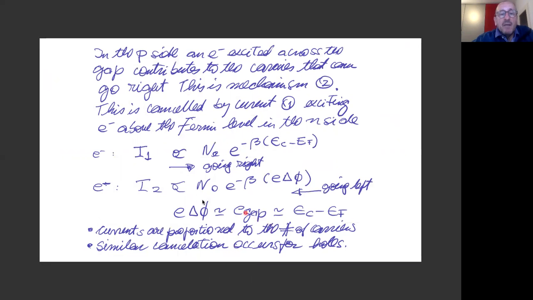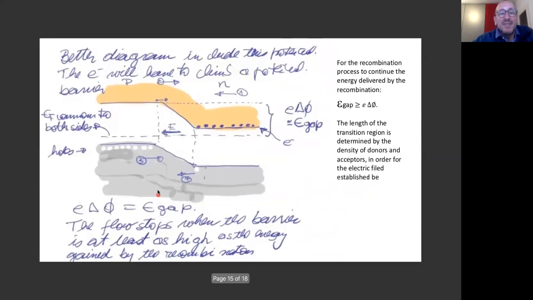Okay, what do I have here? These are all electrons. This is 2, and this is 1. This is the way to fix it, otherwise too many changes. Let's analyze 1 first.